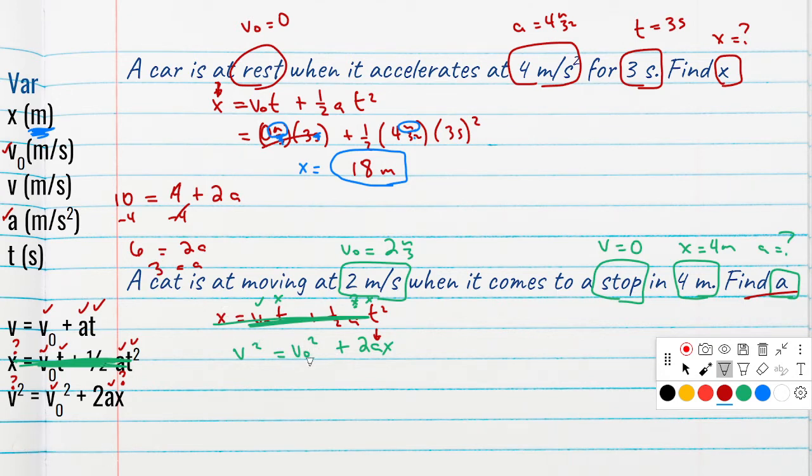This is the same problem. Okay, I've got some stuff right here that is added to what I want to extract. So if I just subtract v naught squared, just like we subtracted 4 up here, then that would get me back to the point of v squared minus v naught squared. This would cancel on the right, and nothing but 2ax over there. And then remember how we divided by 2 here on both sides?